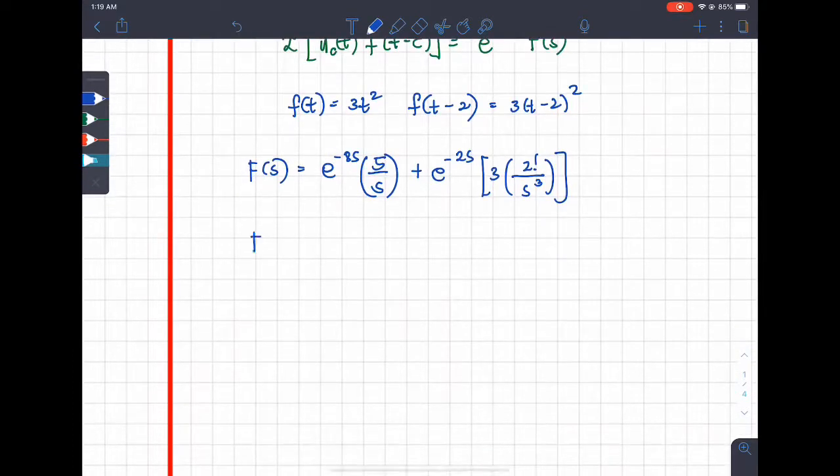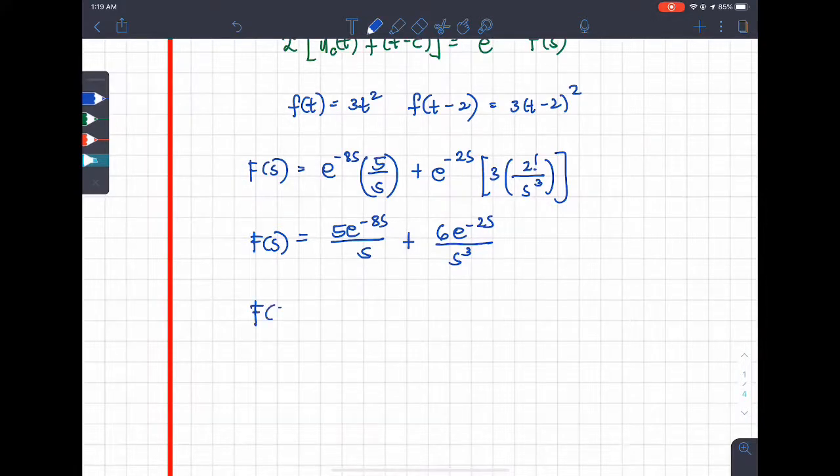Our F of s then would be equivalent to 5 e raised to negative 8s all over s, plus 3 times 2, which is 6, e raised to negative 2s all over s cubed.